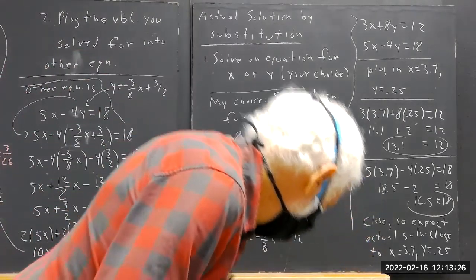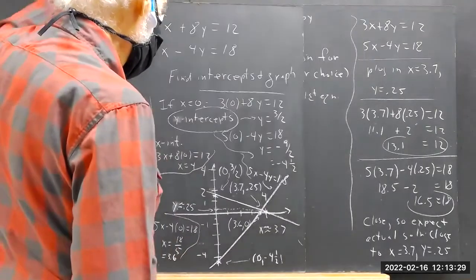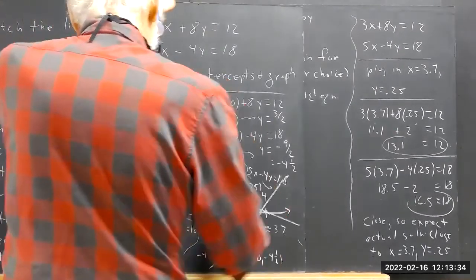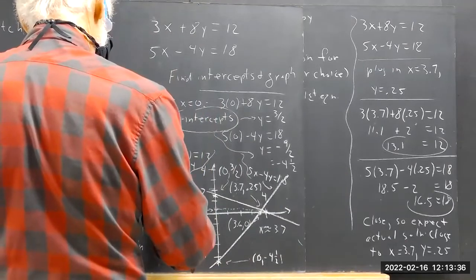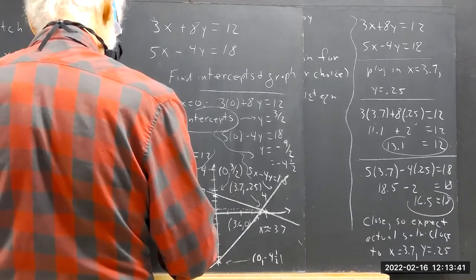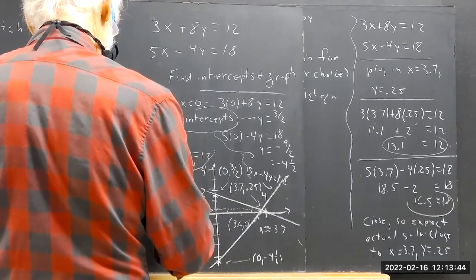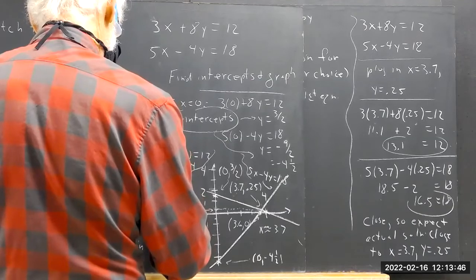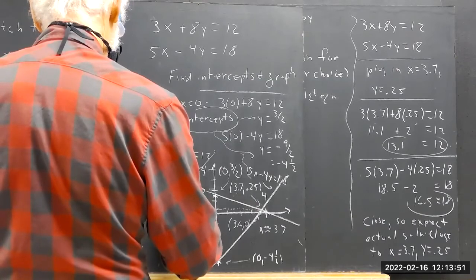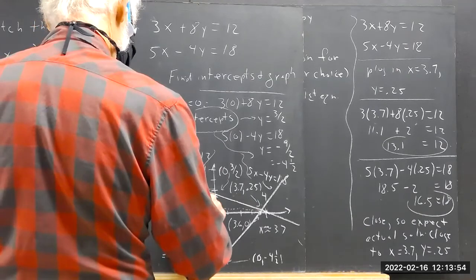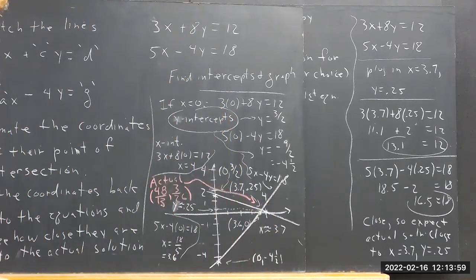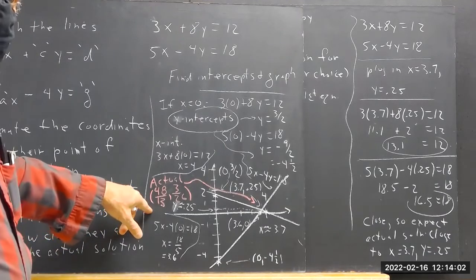Meaning, if I could graph this with complete accuracy, this point, so the actual crossing point would be this.